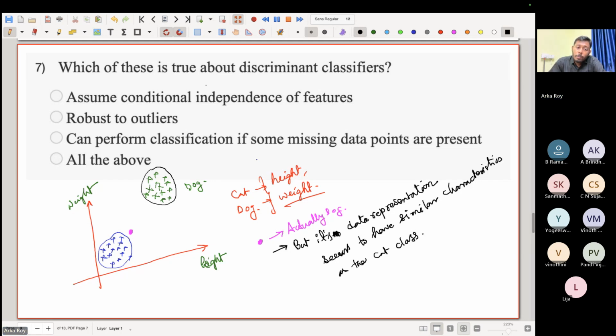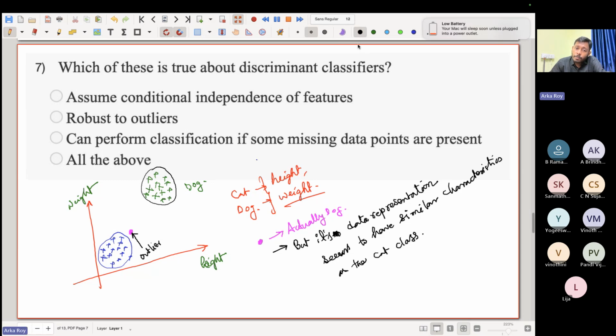This point is called an outlier point, because it belongs to this particular class, but its features are quite similar to the other class, which might incur the possibility of misclassification.